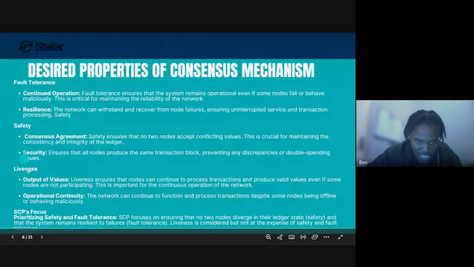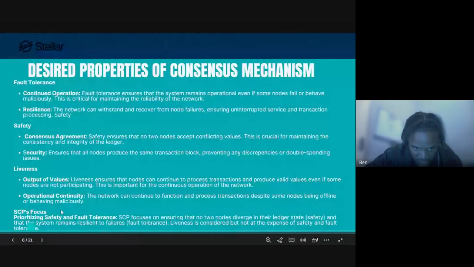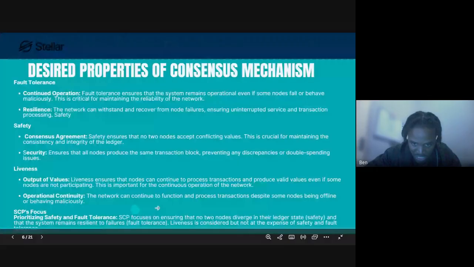Operational continuity: the network can continue to function and process transactions despite some nodes being offline or behaving maliciously. So let's say we have 100,000 nodes. Even if out of those 100,000 nodes, 10,000 nodes stop working, the blockchain is still going to work. The blockchain network itself is still going to work, even if some nodes start behaving maliciously.